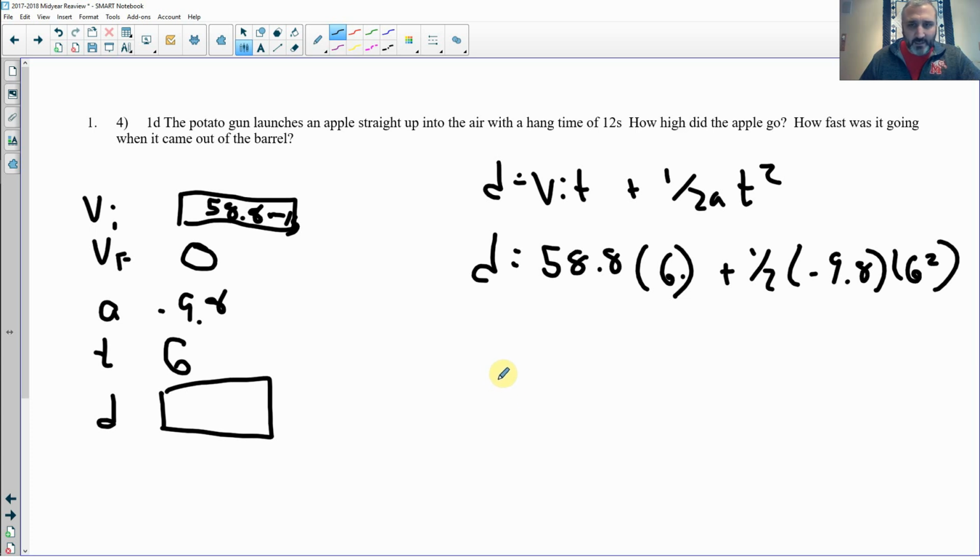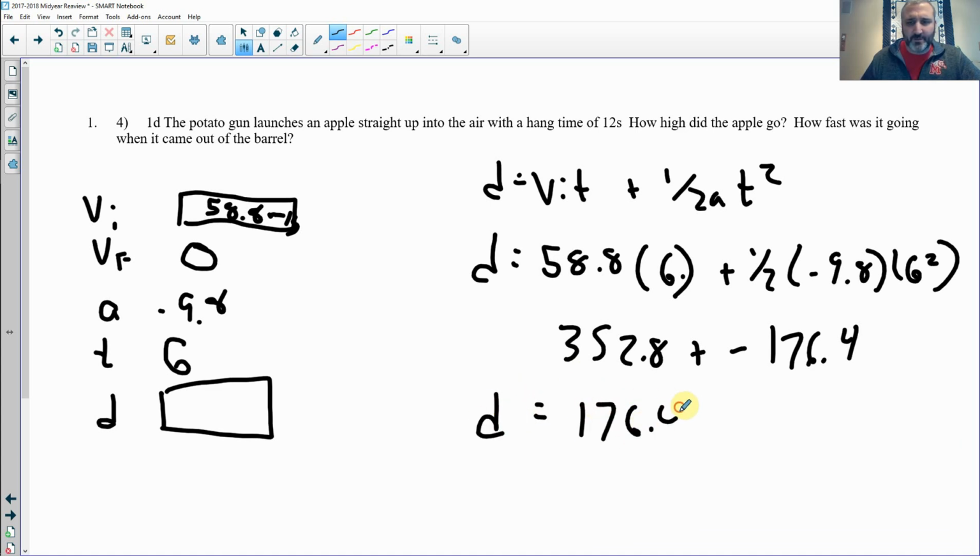58.8 times 6 equals 352.8, plus 1/2 times negative 9.8 times 6 squared, which should be negative 176.4. So 352.8 minus 176.4 should be a displacement of positive 176.4 meters.